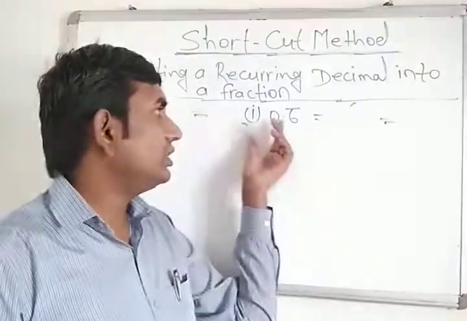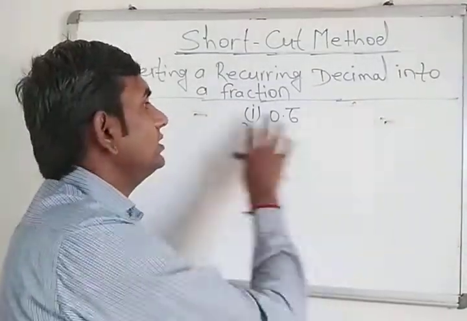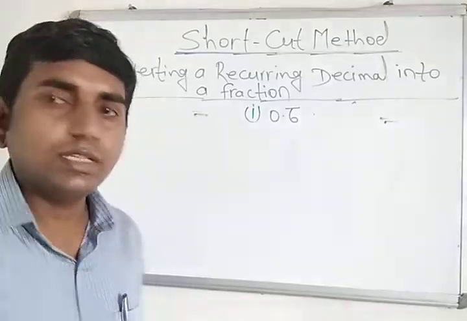Take one example, suppose 0.6 recurring, and we want to write this number as a fraction by the long process.